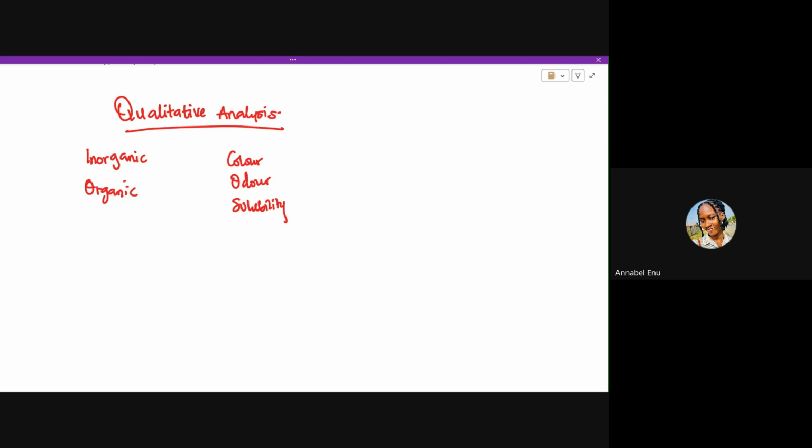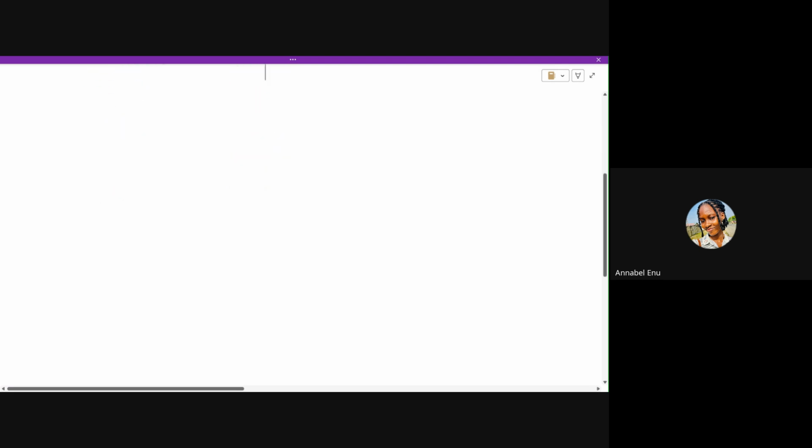These are things we would observe when we carry out qualitative analysis, and these observations are what will help us reach our conclusions. So how do you know based on observations? You must have studied before now and you know already how different elements or compounds act. What is it about them that helps us to know their identity? Every ionic substance has its own identity.